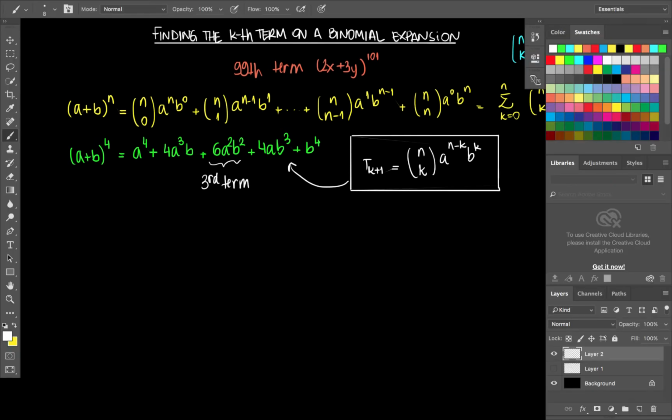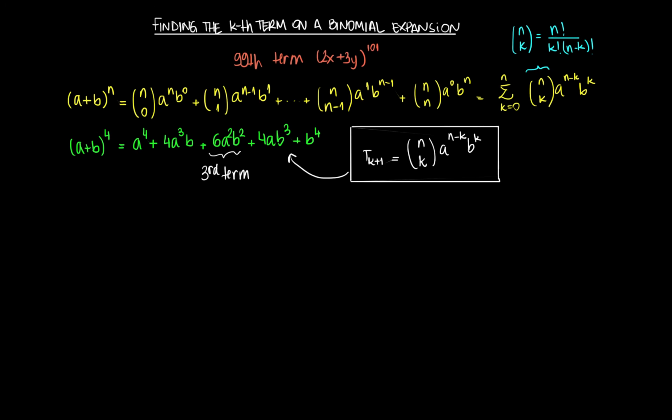It actually works. If we want to calculate the third term, we need to find this out. What we can do is set k to be 2. This way we're going to have t of 2 plus 1, which is the third term, which is equal to n choose k.